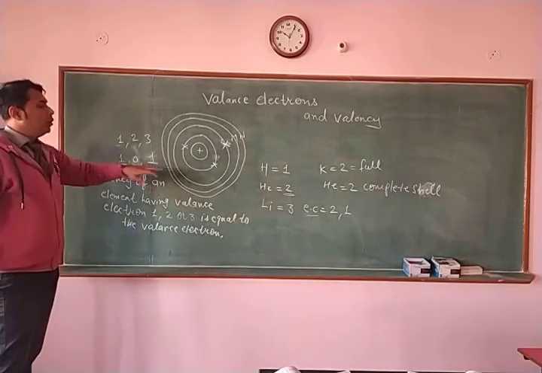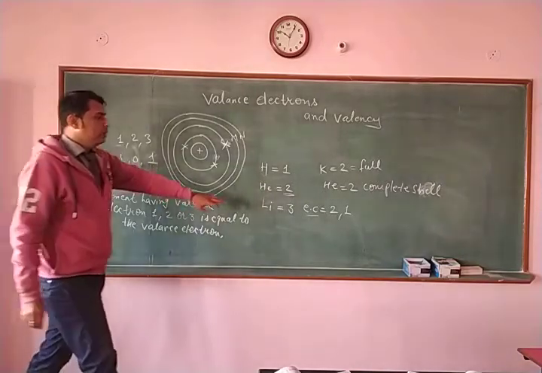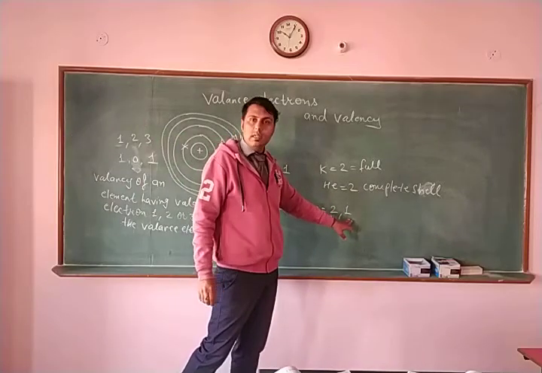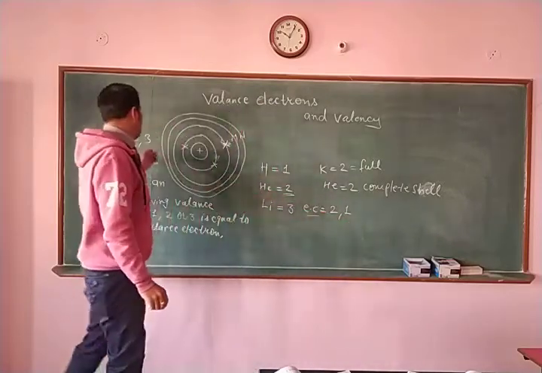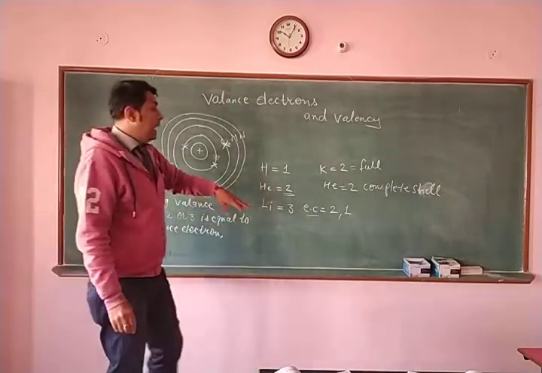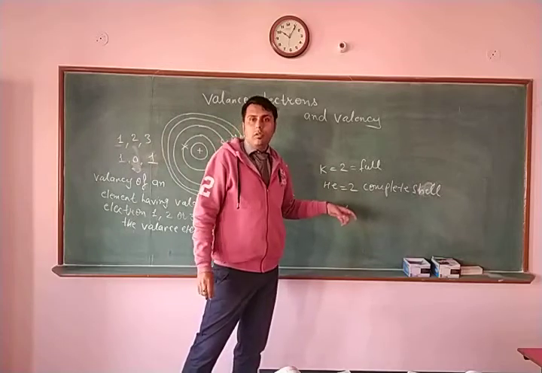If I am talking about lithium, the outermost shell contains 1 electron, so the valency of lithium will be 1, because only 1 unpaired electron is there.